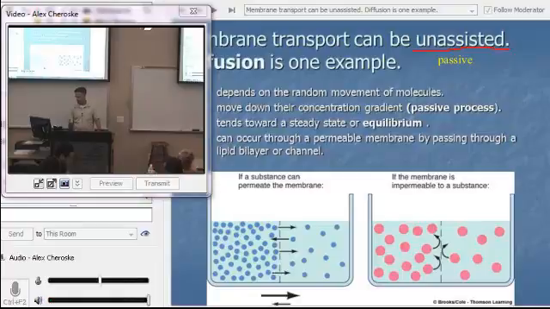Okay? So passive transport, if you think about the difference between active and passive, right? So if you're in a group and you're deciding what movie to see or something like that, and you're just passive about it, then whatever the group decides, that's what you'll do, right? You don't really care. You kind of go with the flow. If you're active about it, then you're expending energy to say, no, I don't want to see that.